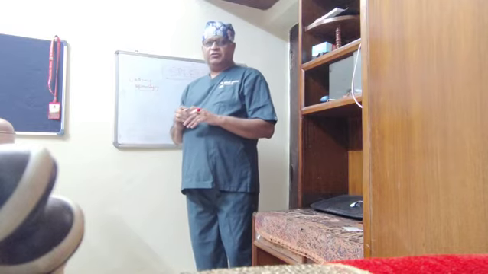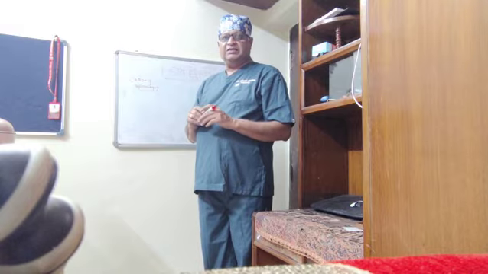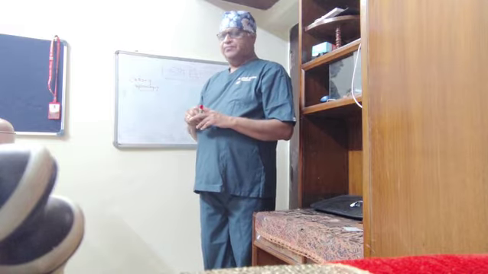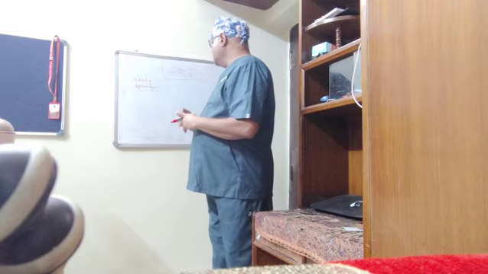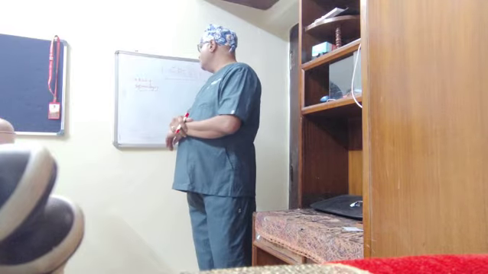Some glycogen storage diseases like Gaucher disease, von Gierke disease, Pompe disease are storage diseases of the spleen causing splenomegaly, and certain hematological malignancies like chronic myeloid leukemia, Hodgkin's lymphoma, infectious mononucleosis.